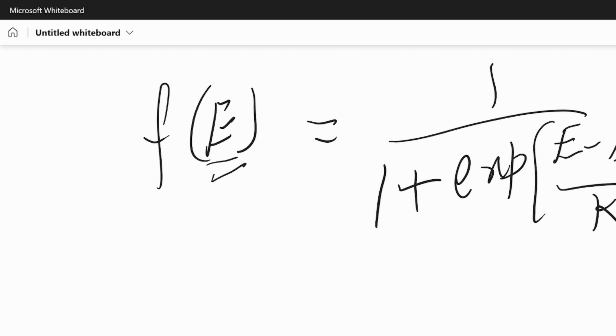Here k is the Boltzmann constant, k_B. So what this expression gives is the probability of finding an electron, that is, the probability that the state at energy E will be filled by an electron.